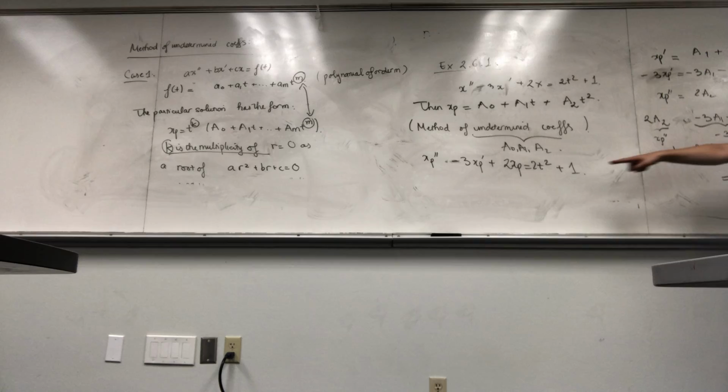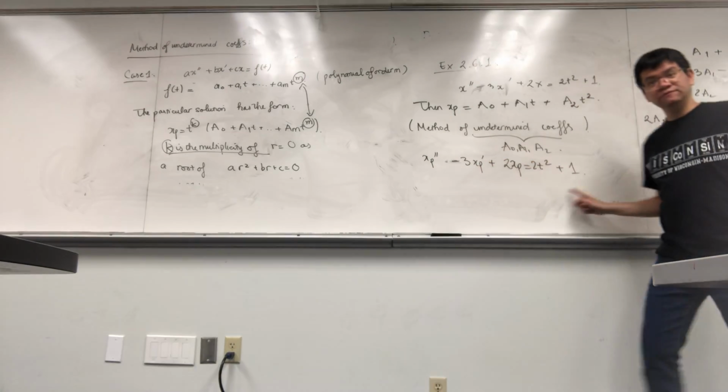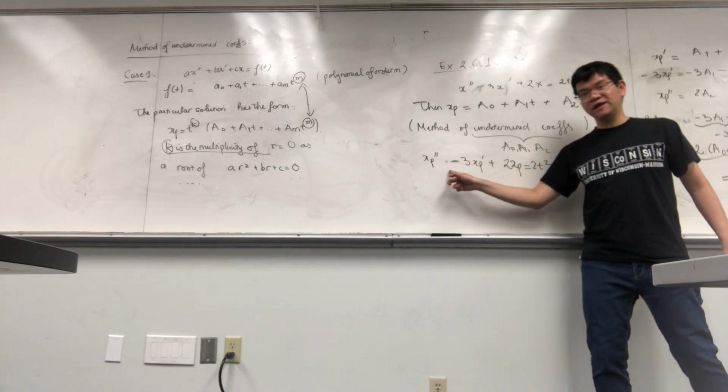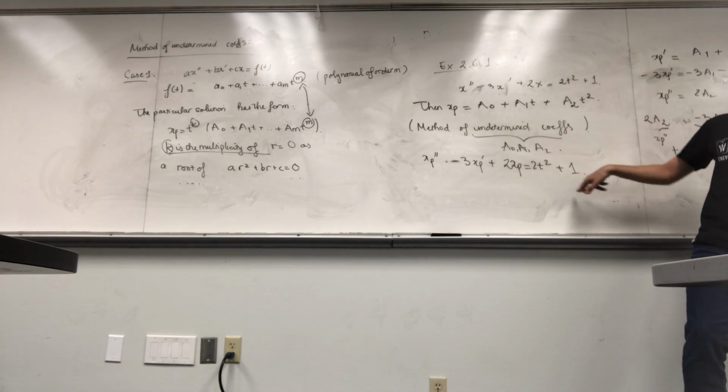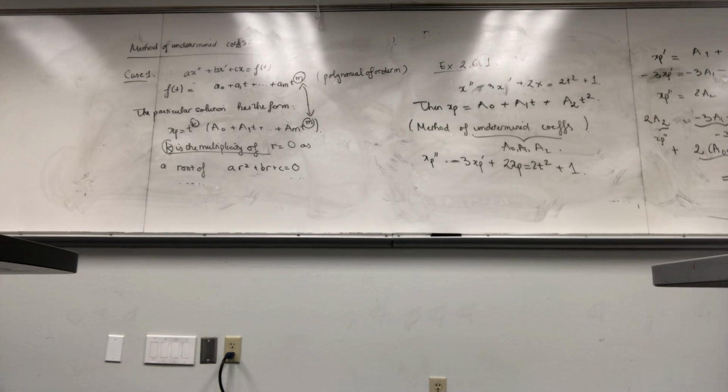So from this equation, xp second minus 3xp prime plus 2xp is equal to 2t squared plus 1. I take the first derivative, which gives me a1 plus 2a2t. Minus 3xp prime will be minus 3a1 minus 6a2t.